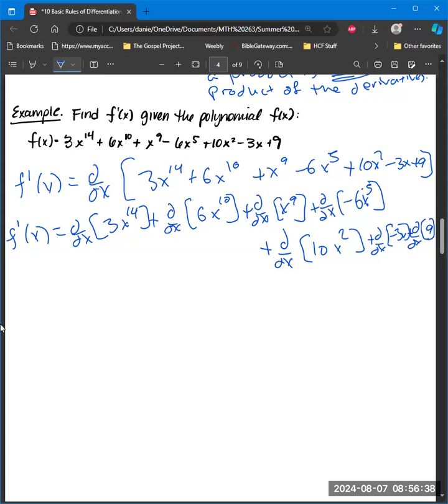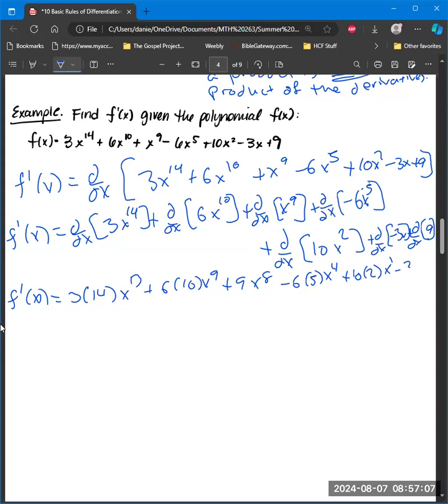Sorry that I write so big and needed 2 lines there, but this is going to be 3 times 14x to the 13th plus 6 times 10x to the 9th plus 9x to the 8th minus 6 times 5x to the 4th plus 10 times 2x to the 1st minus 3x to the 0 plus 0.